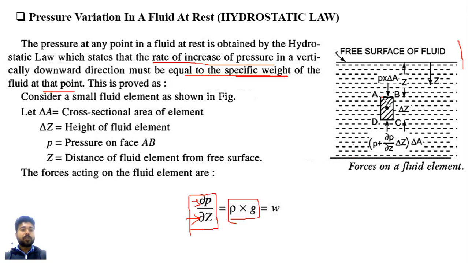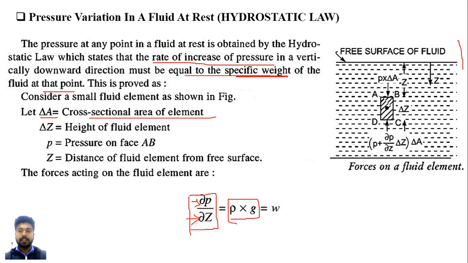The cross sectional area of this element, as we are viewing from the top side, is delta A, that is the cross sectional area of the element, and delta Z is the height of fluid from this B to C.